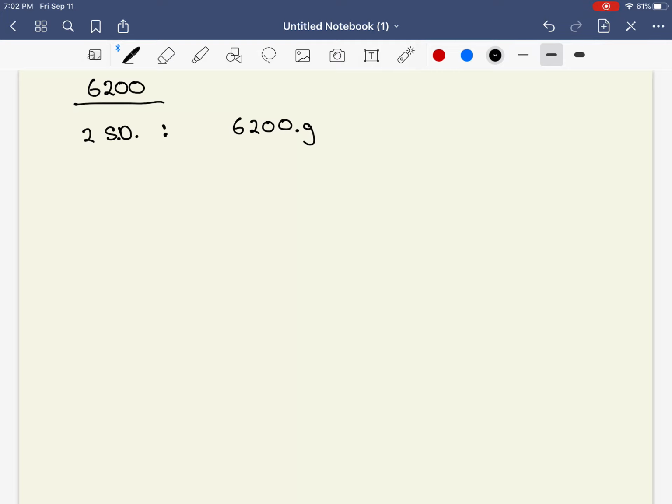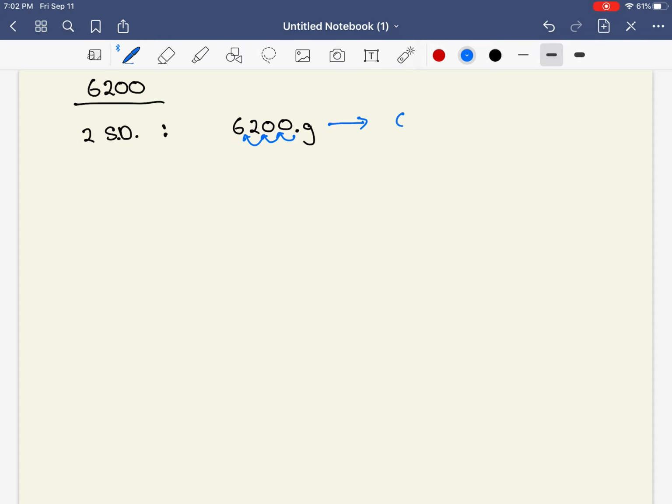The decimal point is theoretically right there. If you were to report 2 significant digits, you will have to move that decimal point 1, 2, 3, 3 places to the left.